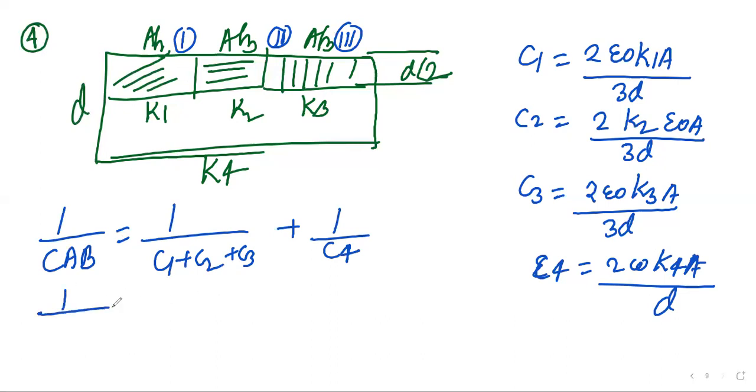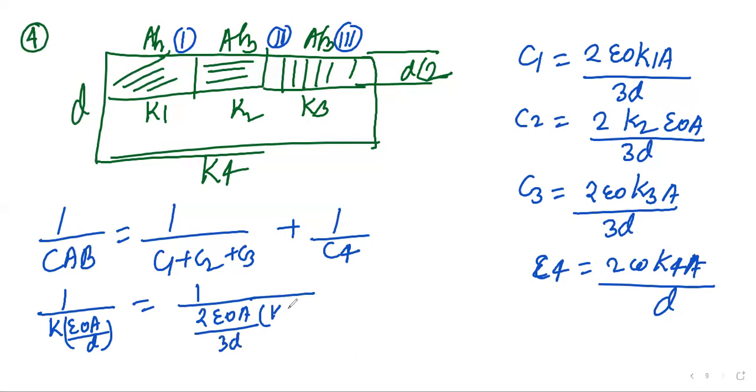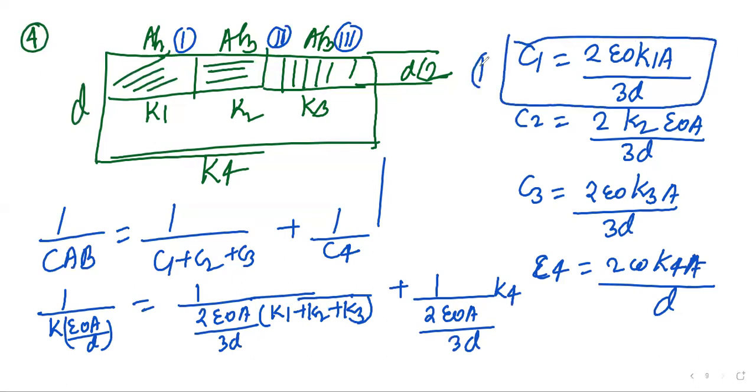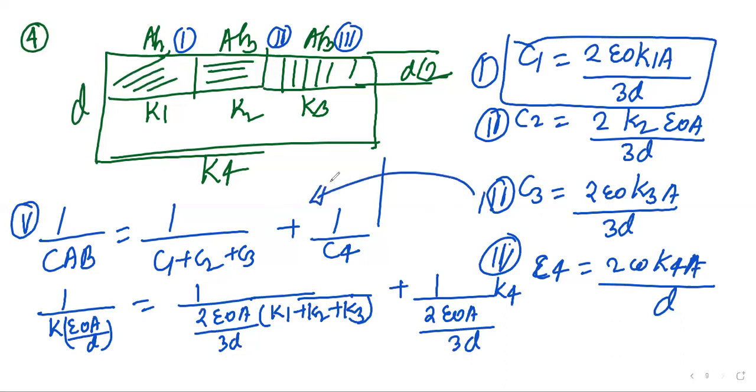So it will be 1 upon K epsilon naught A upon D is equal to 1 upon 2 epsilon naught A upon 3D into K1 plus K2 plus K3, plus 1 upon 2 epsilon naught A upon 3D into K4. We have put the values of C1, C2, C3 from formulas 1, 2, 3 and 4, in the fifth one. So this is your fifth formula. Put all these values here.